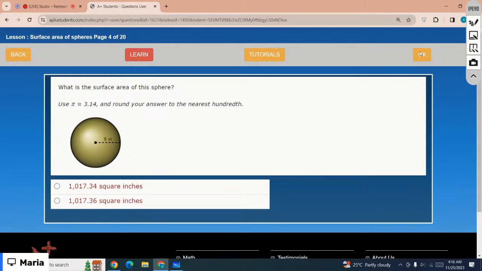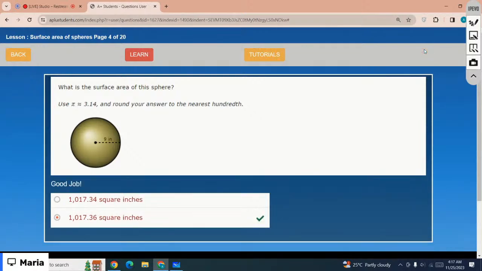So the correct option is the second one, right? 1017.36 square inches is the correct option.